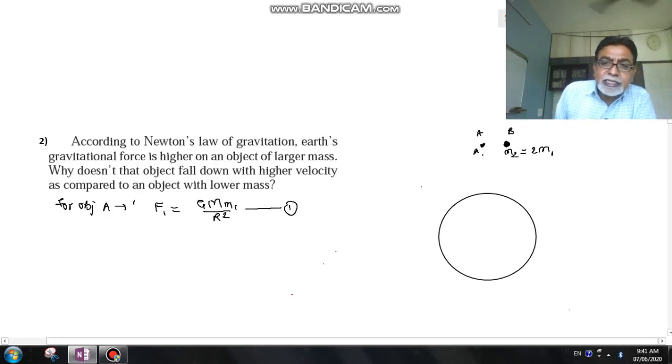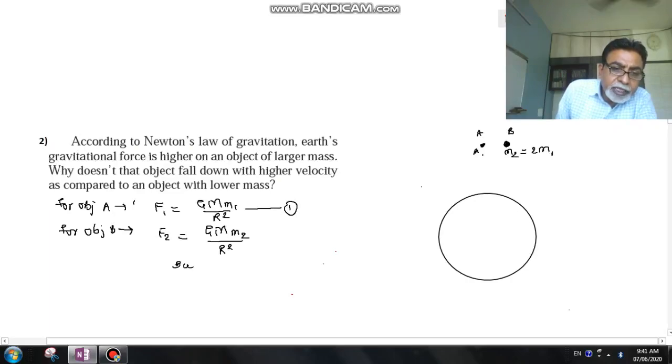R is the distance of both of the objects from the center of the earth. And for object B, F2 is equal to GMm2 upon r square.